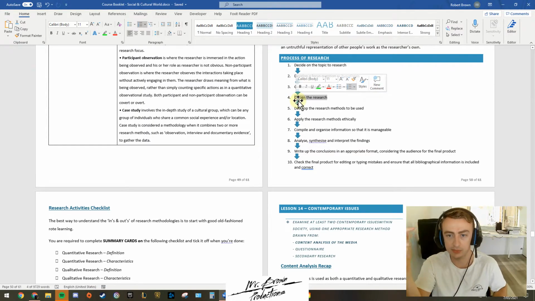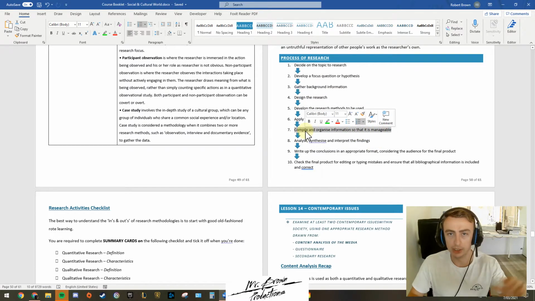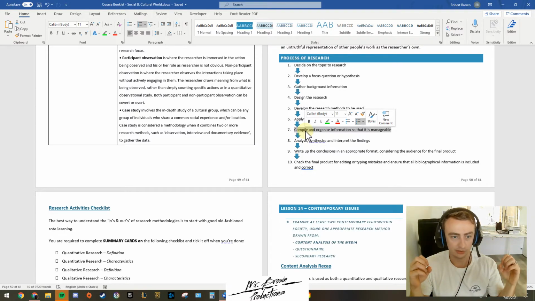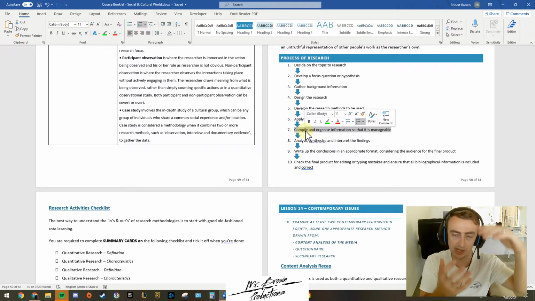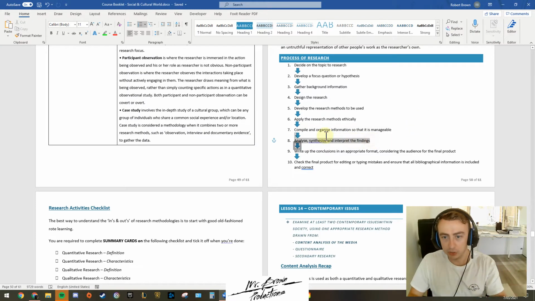All those little subsections and dot points, you are now compiling and organizing all that information. So you should end up with a document that has chunks of research, chunks of quotes, lots of stats under all these focus questions. Then what you do is analyze, synthesize, and interpret the findings. So that's kind of part of organizing it.